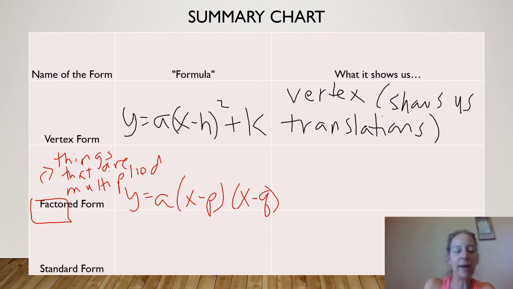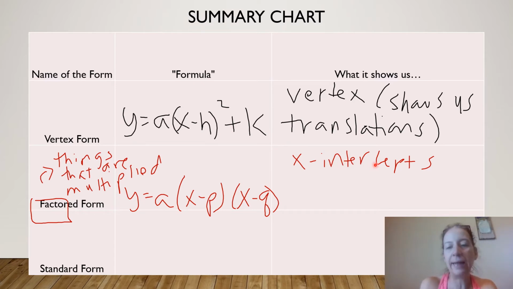And what does factored form tell us? It tells us the x-intercepts. And that is the word intercept, I-N-T-E-R-C-E-P-T-S. Sorry that my C got a little bit messy there. So intercepts.